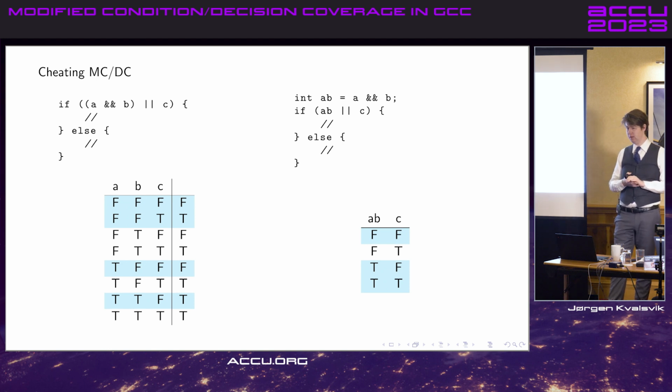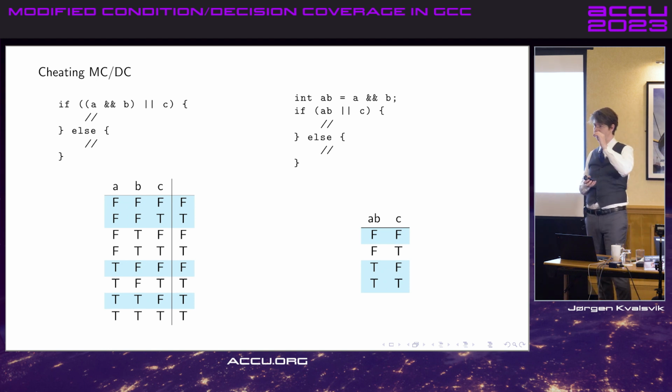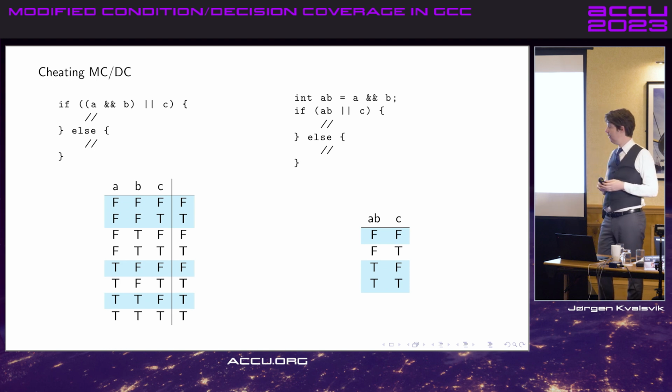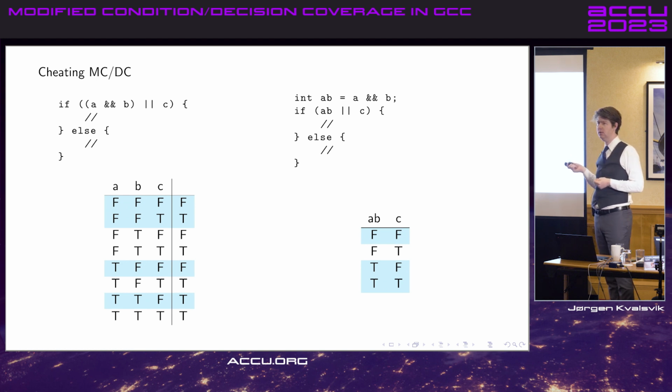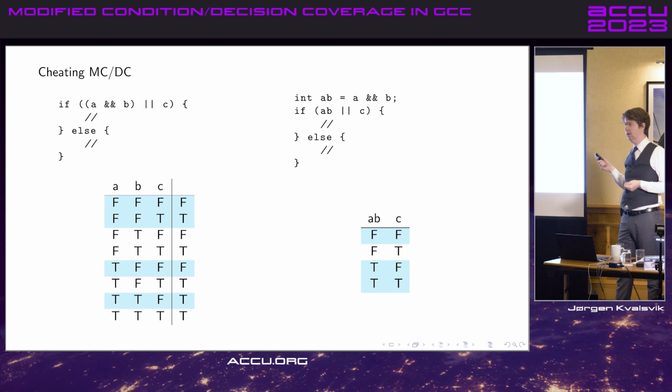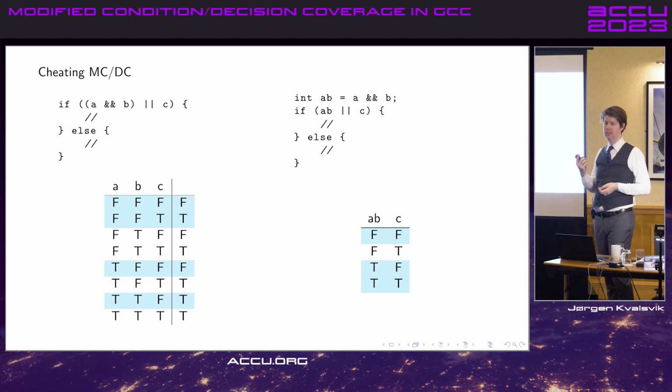MCDC coverage in general is very sensitive to the structure of your program, okay? And one thing that you can do in MCDC, in order to have an easier time complying, is that if you fold your Booleans, if you fold your conditions, you can have larger expressions really be output as a single condition.